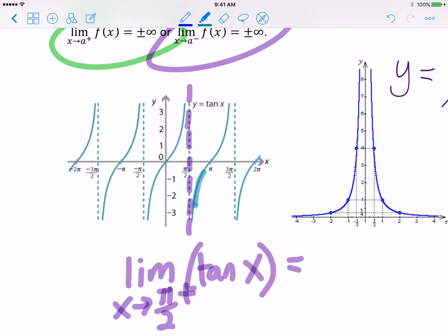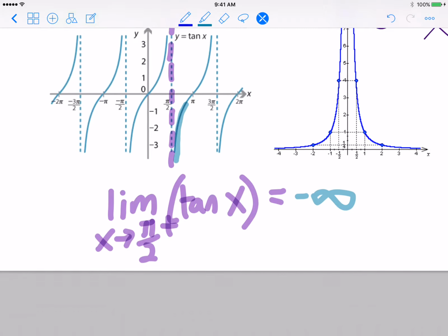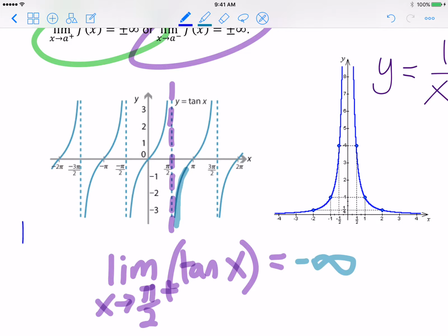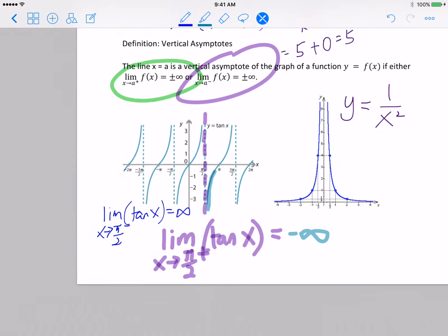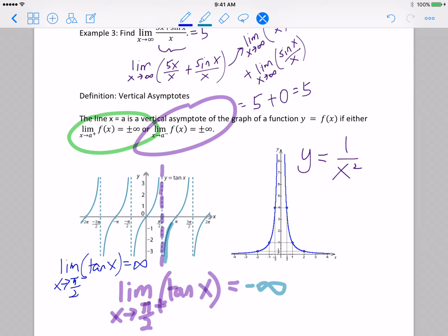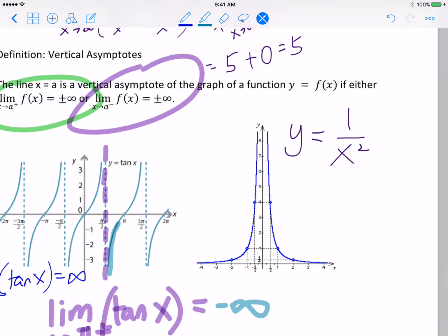From the right side, if you're getting closer and closer to pi over 2, your answer appears to be negative infinity. However, if you're approaching the x value for the tangent from the left side, then your answer appears to be positive infinity. In either case, you're satisfying one of the conditions for you to have the vertical asymptote.